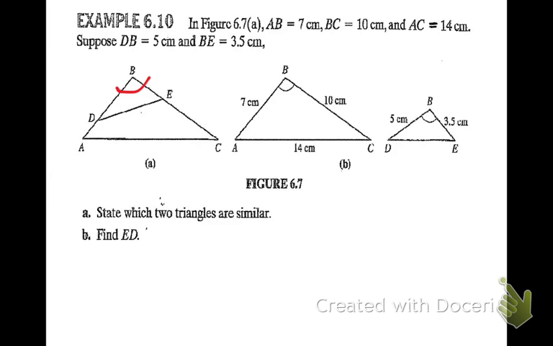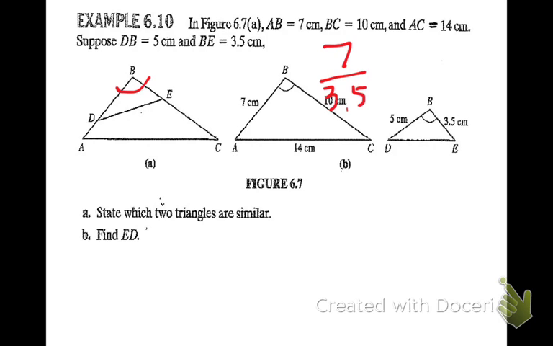All right. So we've got to test the side ratios. So what's the 7 going to correspond to? 7 is to what? 3.5, yeah.